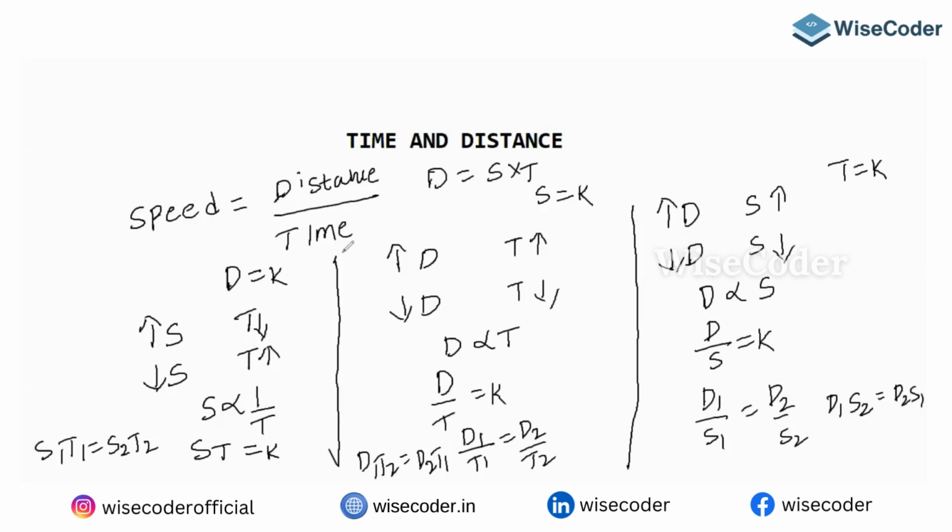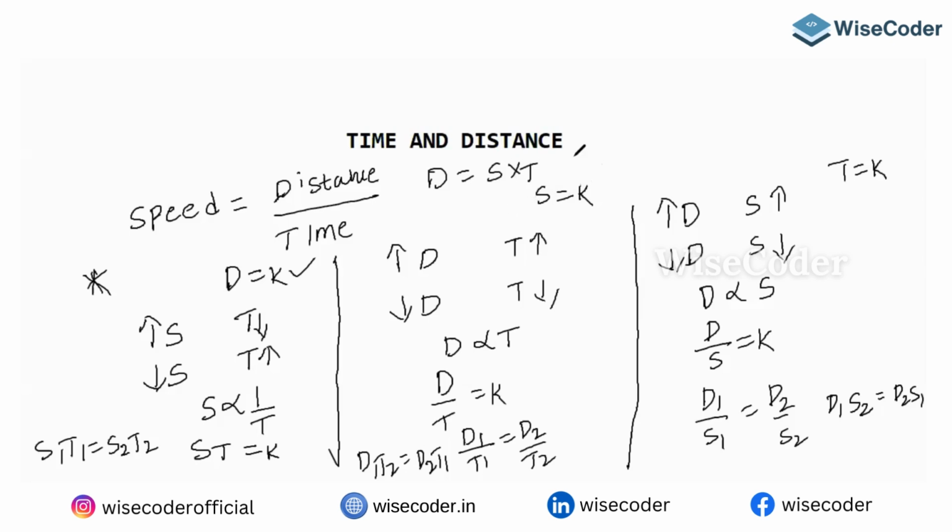Among the three, this is very, very important. When the distance is constant, speed is inversely proportional to time. When two bodies are traveling with the same speed, distance covered is directly proportional to time.